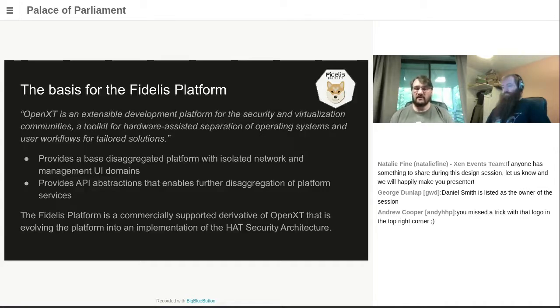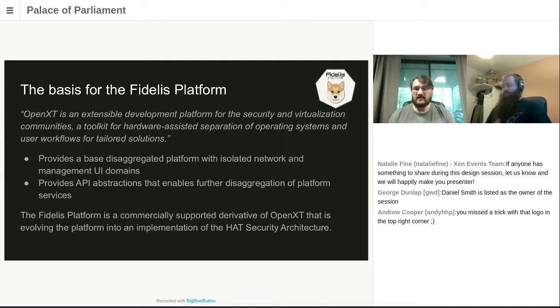So using OpenXT as the base platform to build this. If you're not familiar with OpenXT, it's an extensible platform with a focus on virtualization to bring a toolkit for hardware-assisted separation and tailorization for operating systems and users.